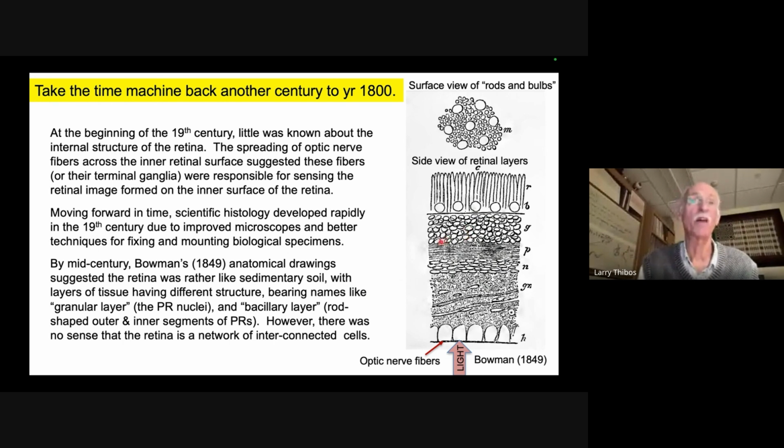And the bacillary layer, bacillary just means rods. So up here is the bacillary layer, the rods and bulbs, later called cones. These turn out to be the inner segments and outer segments of photoreceptors, but that was not appreciated at that time. There was essentially no sense at all that the retina is a network of interconnected cells. That didn't happen until Cajal's time, the second half of the 19th century.